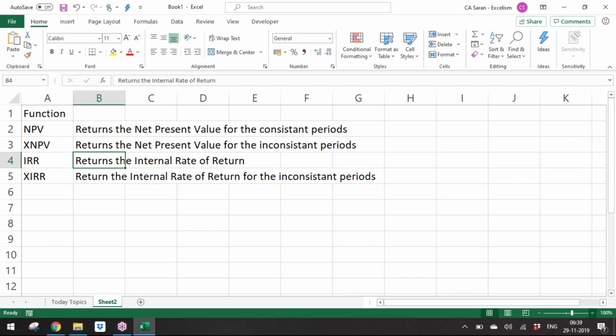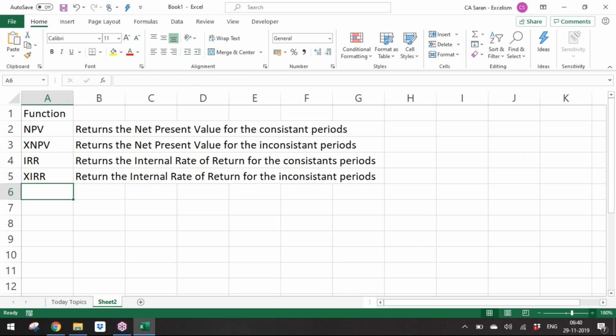This is for the consistent periods. Nothing will be there in the function. First, we need to understand what parameters may be required to calculate. Based on that, we'll keep everything one after the other in the syntax.